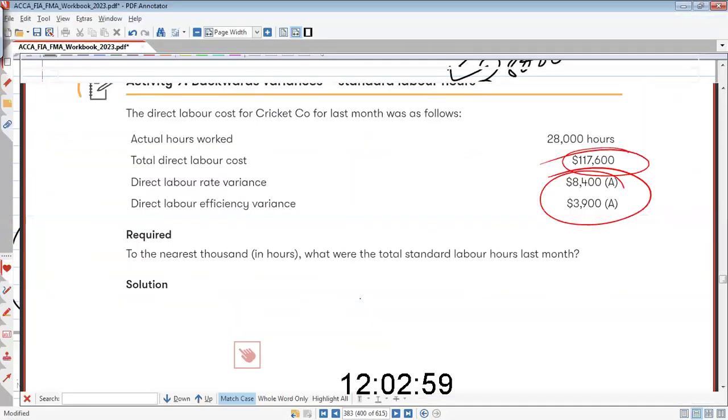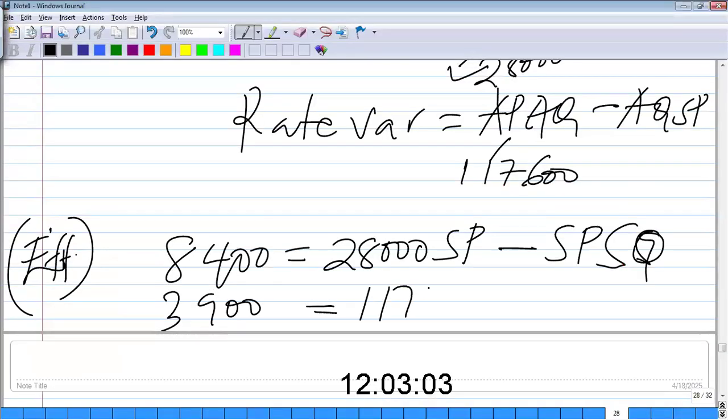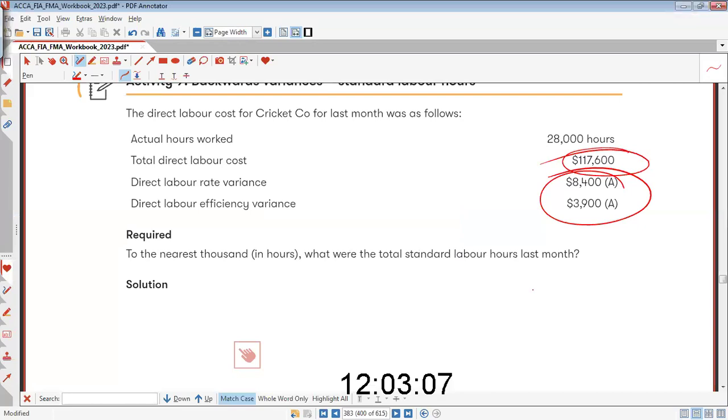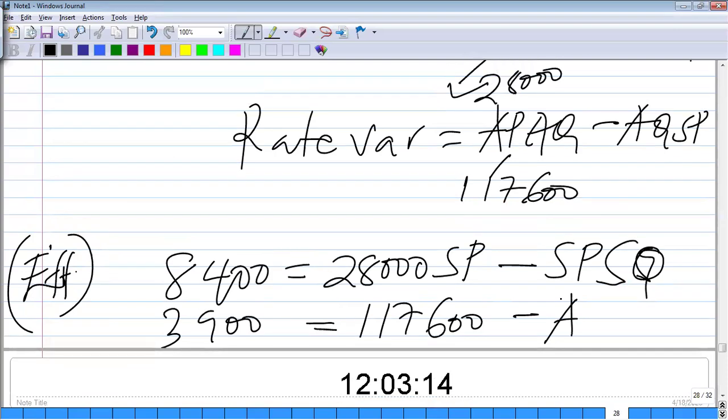3,900 is equal to 117,600 minus AQ. We have AQ, the actual quantity, 28,000 hours.